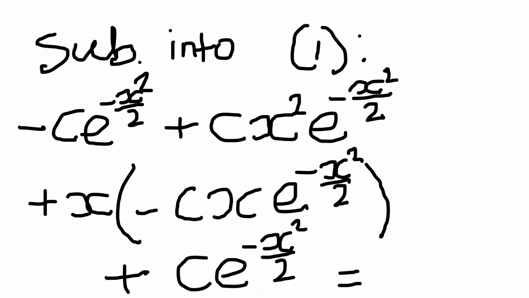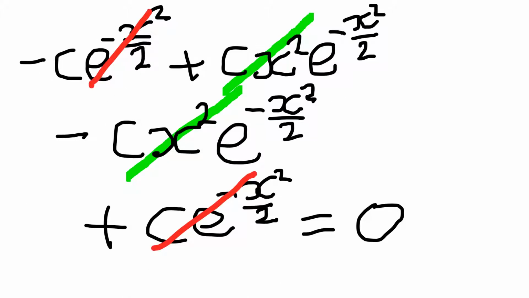And then we substitute those two expressions into the original equation 1. If we write out the second derivative, plus x times the first derivative, plus the expression for y, we find that everything cancels and the expression is equal to 0.